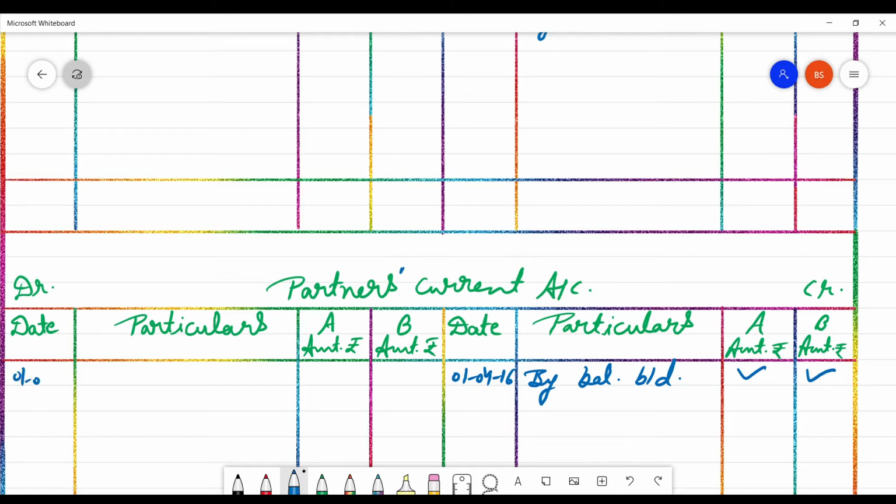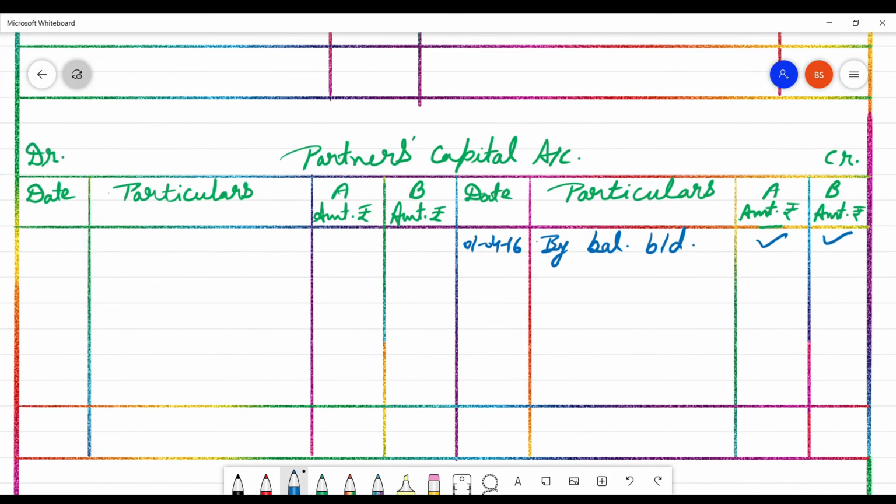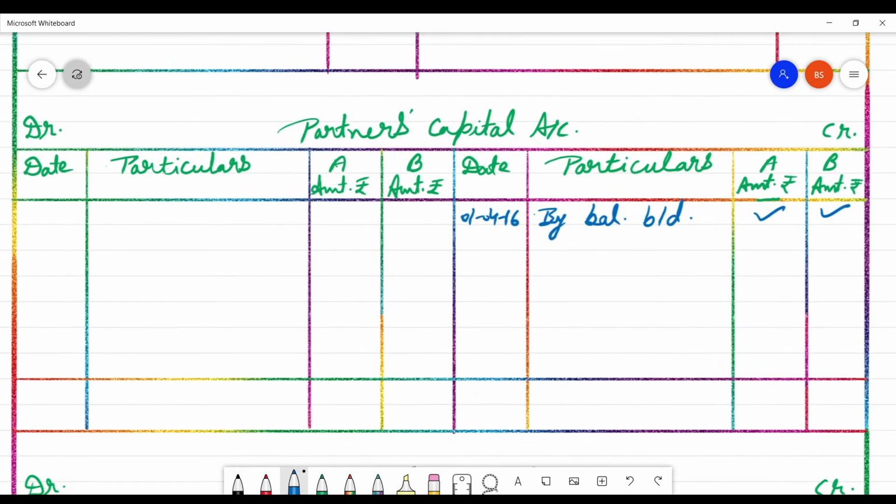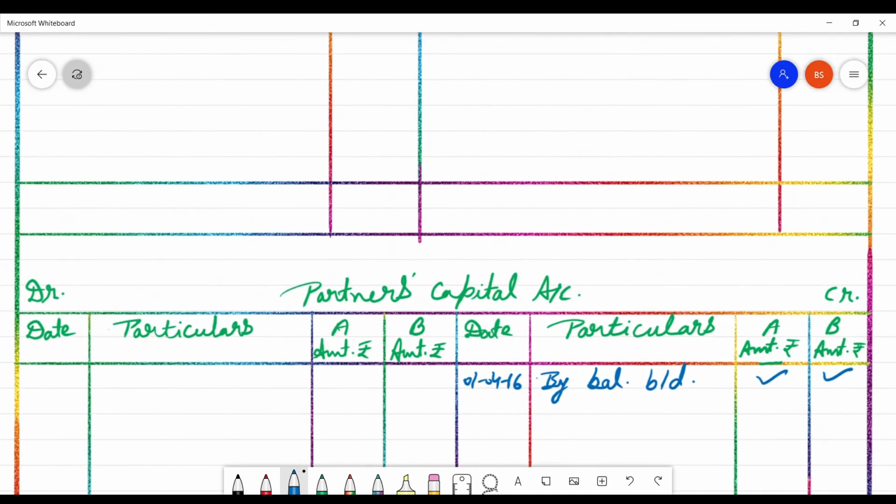So on both sides there can be balance brought down in the partner's current account. I am putting a star because both side balances cannot come at the same time.